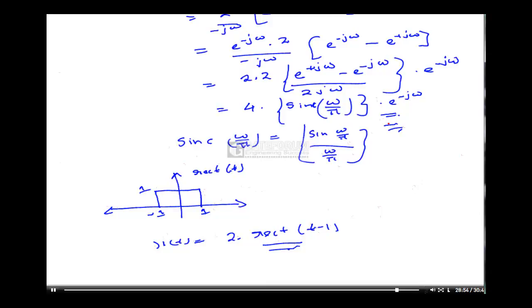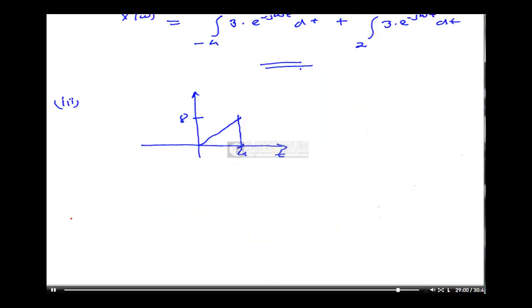The next problem is also similar to this problem. I have my x(t) equal to 2t.